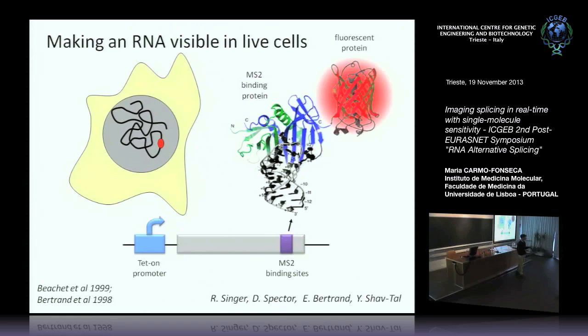So you will be looking at stable cell lines that have integrated a single copy of a transgene, and when the RNA is made, it is bound by a red or a green fluorescent protein coupled to the MS2 protein.